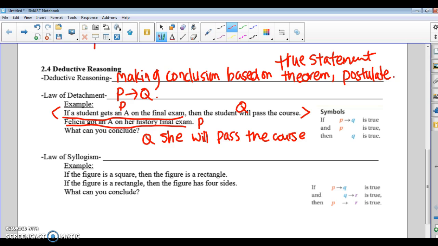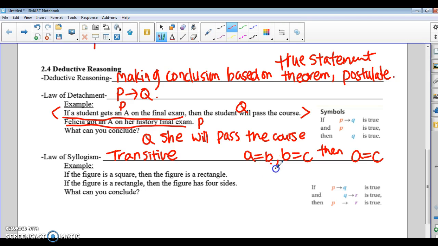What about the law of syllogism? For that one, we have three things. Do you guys remember the transitive property? It's like the transitive property. The transitive property is what? A equals B, B equals C, then A equals C. Is that right?